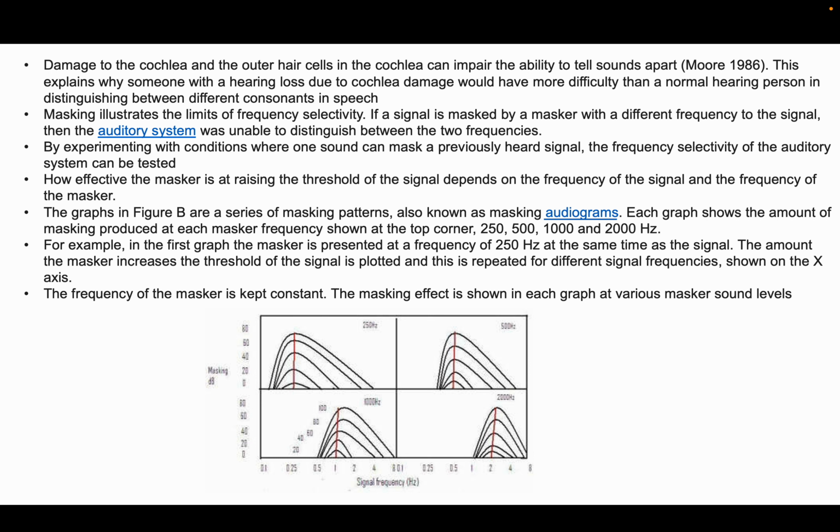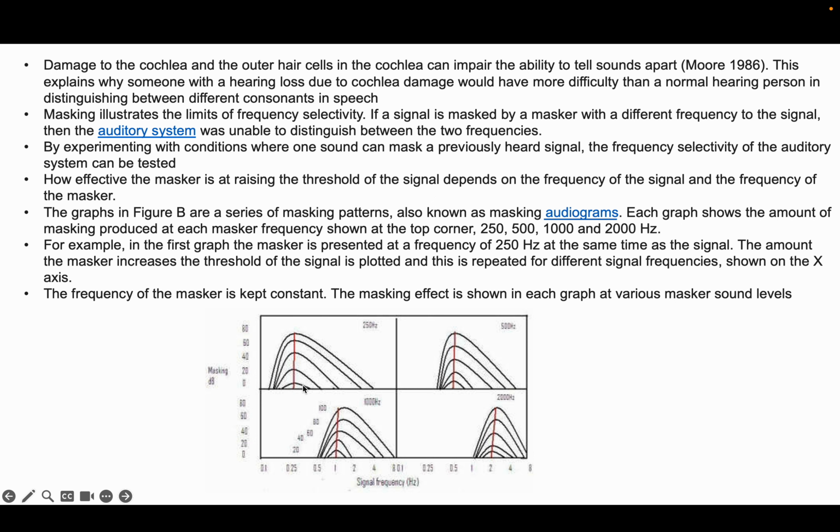So you can see here's the masker, and it increases the threshold significantly at 250 hertz. But if the signal was, say, 1 kilohertz, say up here, then notice the increased threshold is lower. The different curves represent different intensities of the masking signal.